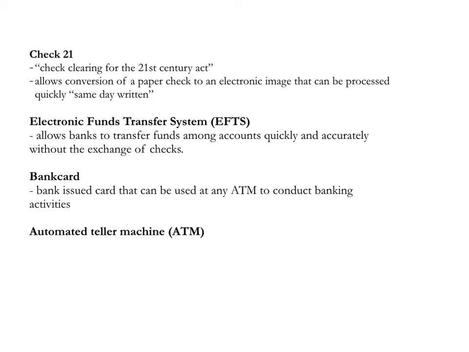Electronic Funds Transfer System, EFTS. This allows banks to transfer funds quickly and accurately among accounts without the exchange of actual paper checks. Bank card. A bank-issued card that can be used at any ATM to conduct banking activities. And finally, automated teller machine, ATM.